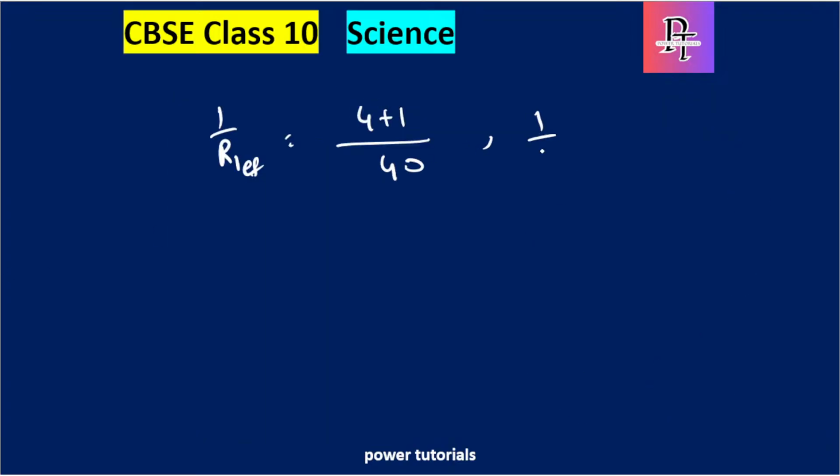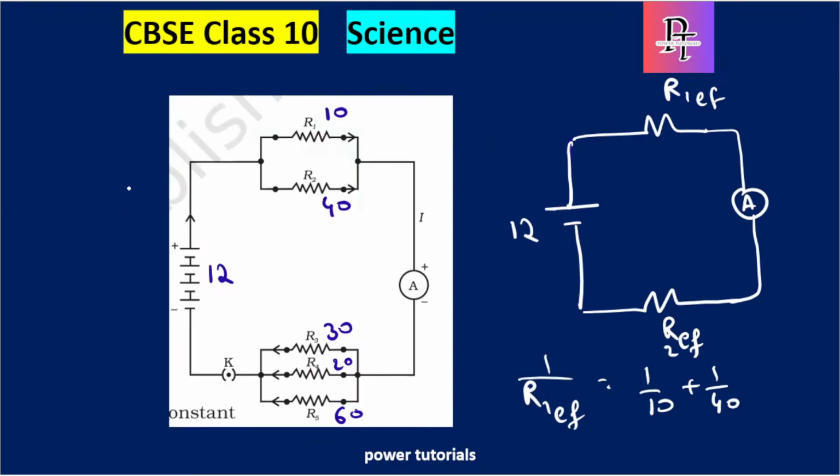So 1 by R is equal to 4 plus 1, which is 5 by 40. So R is equal to 40 by 5, which is 8 ohms. So I got R1 effective as 8 ohms.